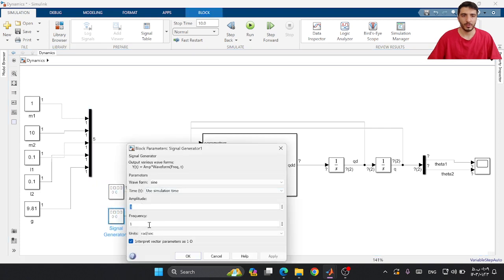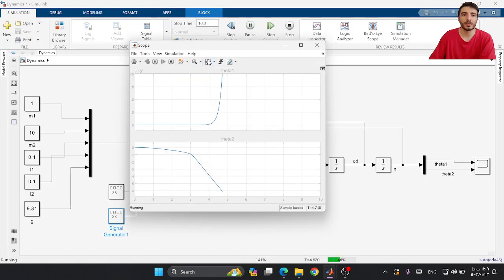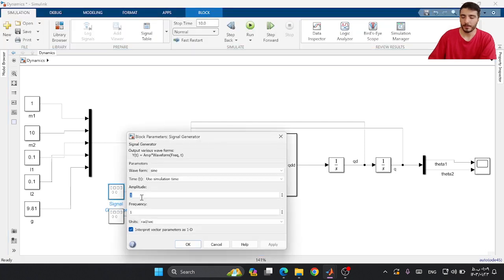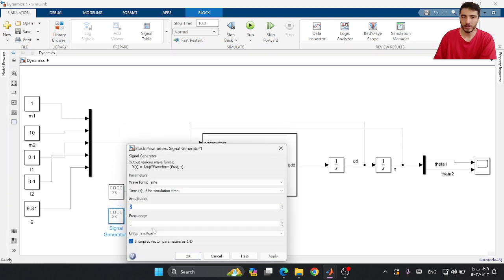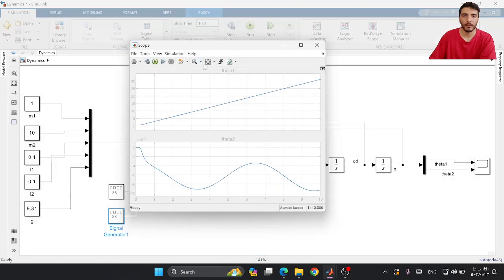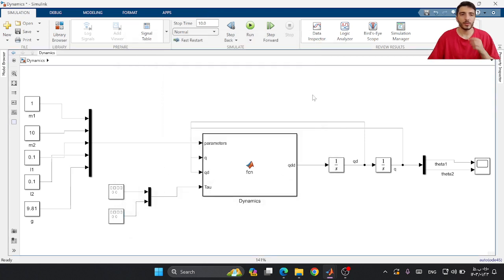For example, change the amplitude of this one. Let's see how it works. Yes, you can see that the first term is our theta term and the second one is our theta dot. This is our theta 1 and the second one is theta 2.